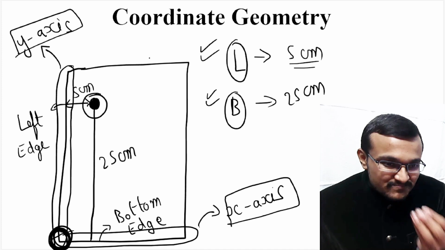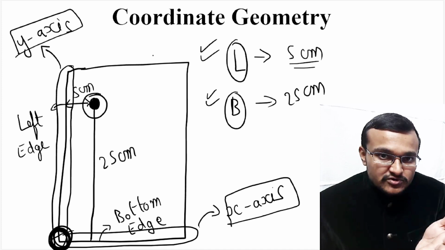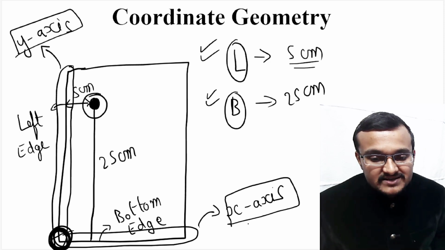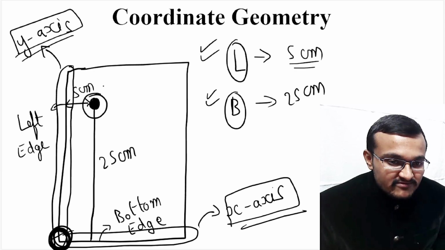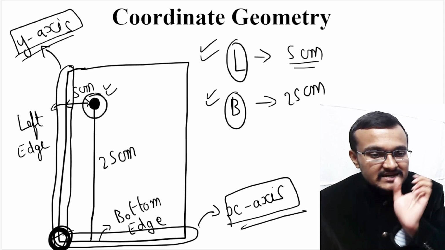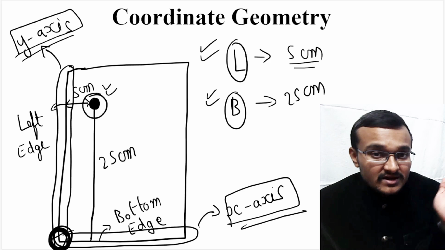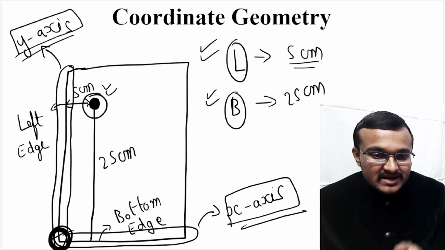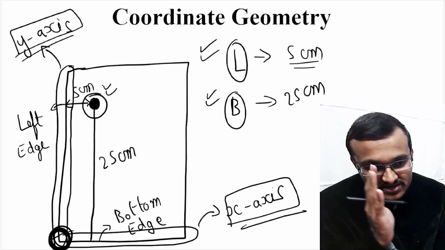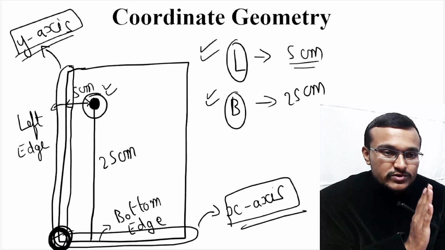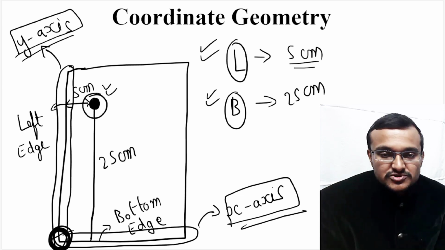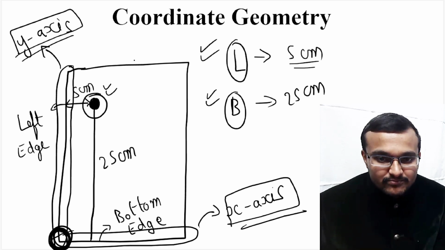Now if you take this piece of plain paper, the A4 sheet, then the left edge you can consider as the y-axis and the bottom edge you can consider as the x-axis, and wherever you locate the point, it will be so many centimeters from the bottom edge and so many centimeters from the left edge of that particular paper, and you will be able to locate the point exactly. So here two different edges or two different pieces of information are essential in order to locate the exact position of this point on a two-dimensional plane.